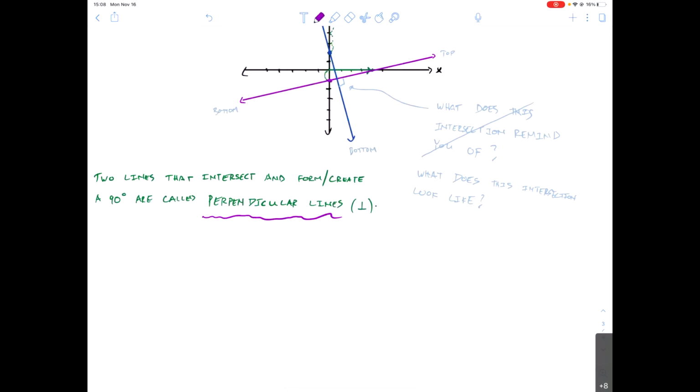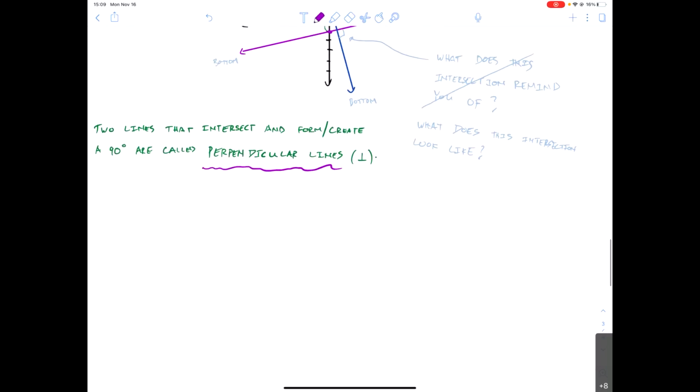Now, just like parallel lines, how do you know for a fact that you have parallel lines without having to graph them? Same question goes here. How do you know you have two lines that are perpendicular without graphing them? Well, it goes like this.